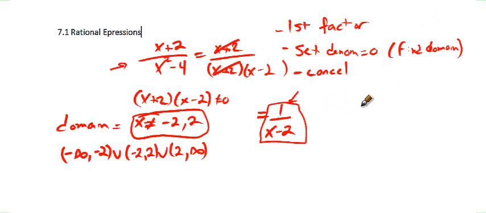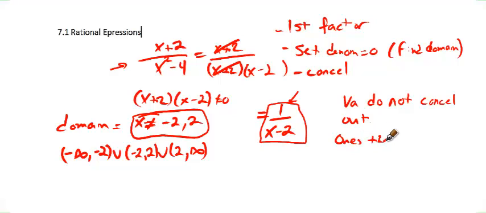So the rule for vertical asymptotes: they do not cancel out. The ones that do are the holes.